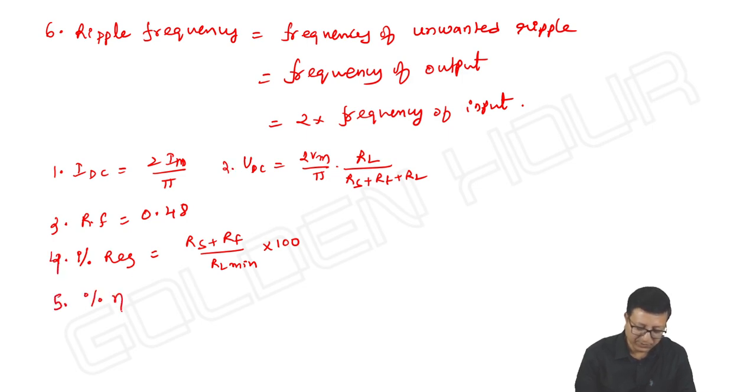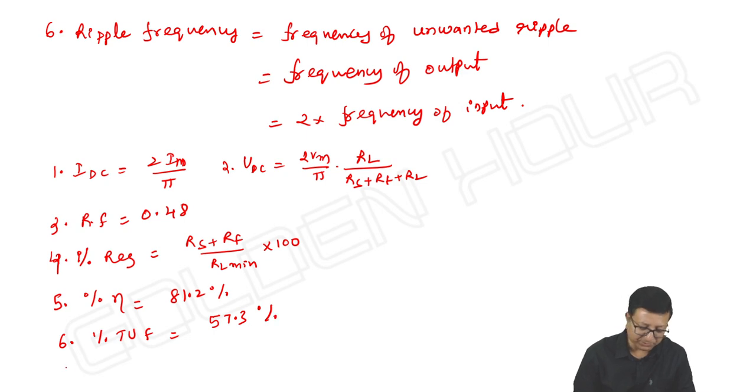Conversion efficiency, it is 81.2% by 1 plus RS plus RF by RL. This one only we write, but instead of RL minimum, we just write RL. And the transformer utilization factor, with respect to the circuit, it is 57.3%.